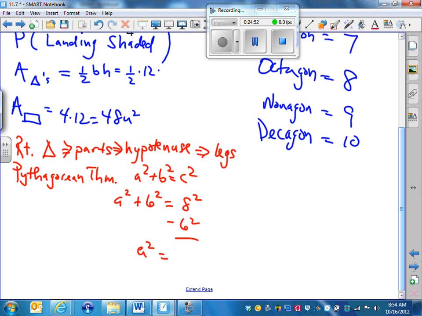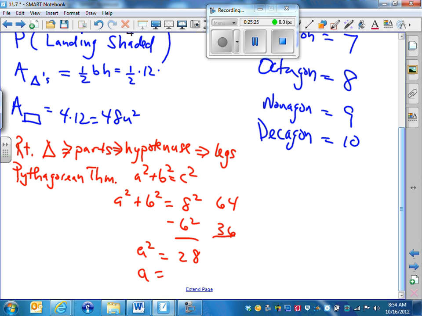Okay, so now what do I need to do? To find the answer for A, how do you undo a square? Not divide, but take the square root. Thank you. So take the square root of 28. What's the square root of 28?